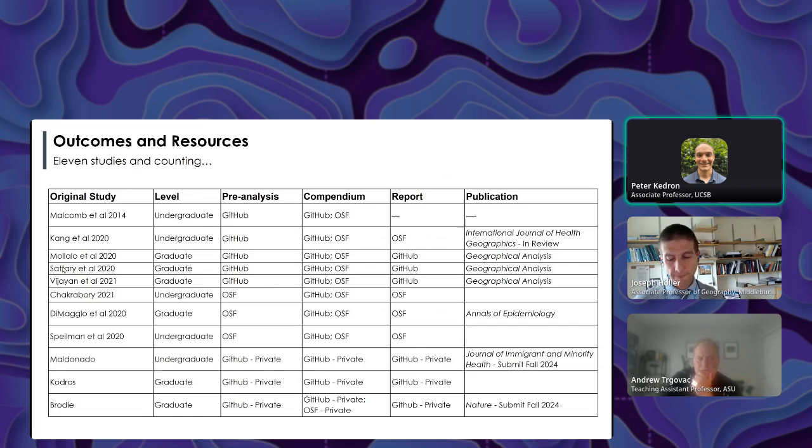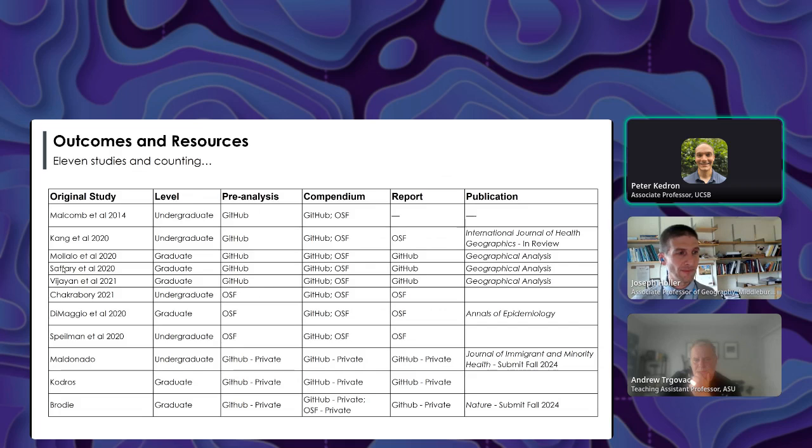So one of the things that we're working on, we have many goals with this project, of course, is properly indexing all of these studies together, not only with links for where all of these resources are, but also emphasizing which GI science skills and which statistical methods are covered in each of these courses.